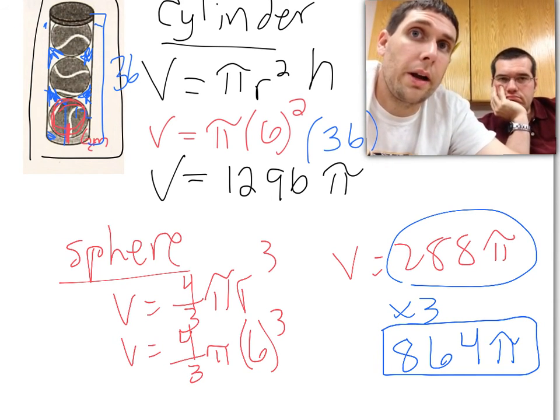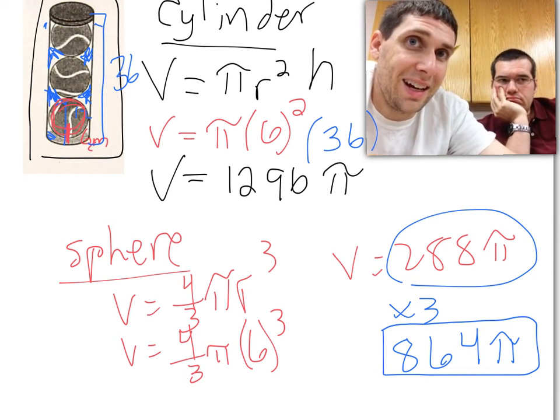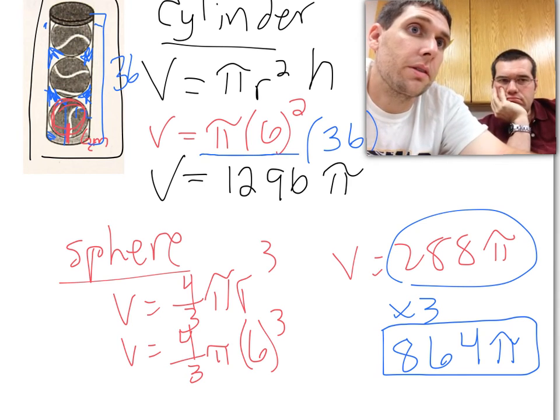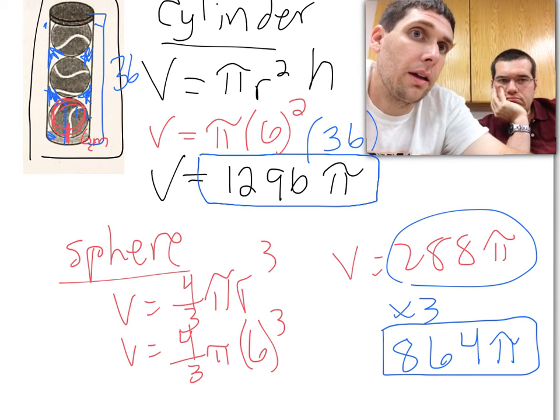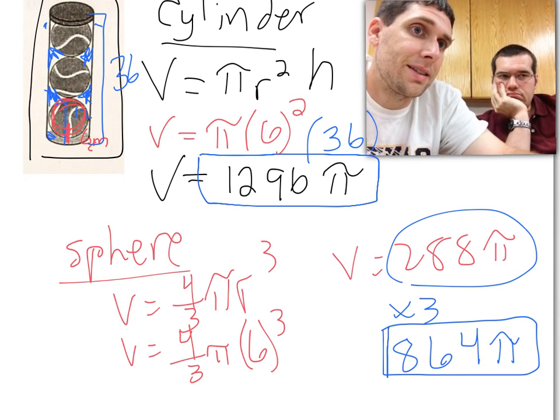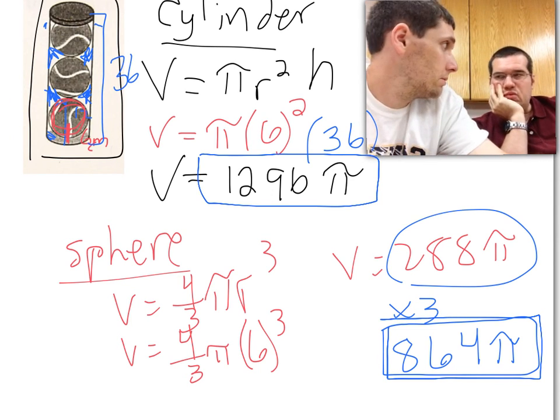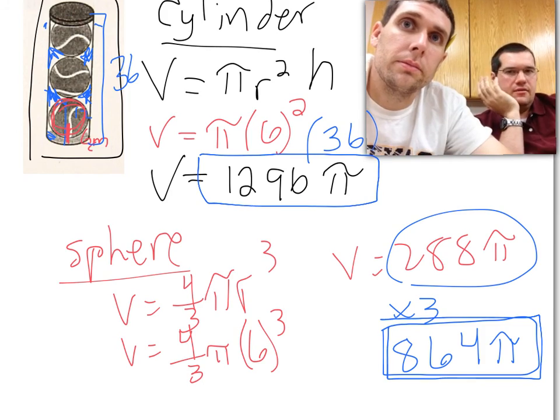The question we were asked was how much space is left inside the canister not taken up by the tennis balls. Well, if the cylinder is 1296 pi, and the amount of space inside taken up is 864 pi, what are you going to do? Subtract, right?